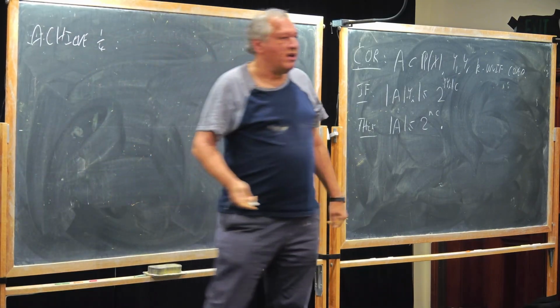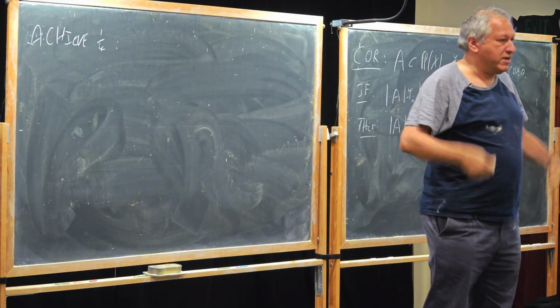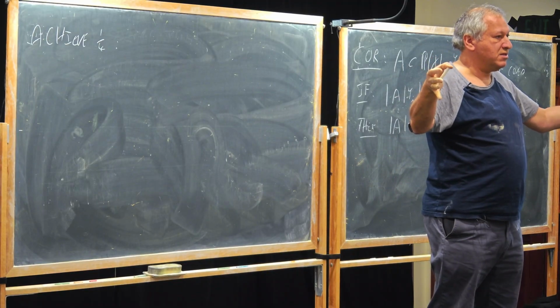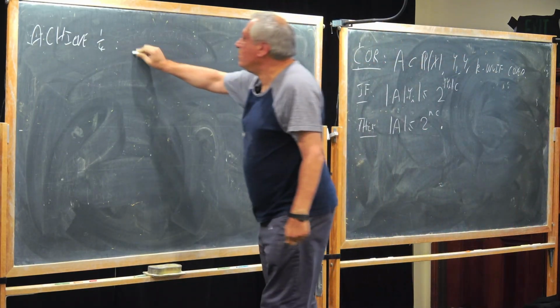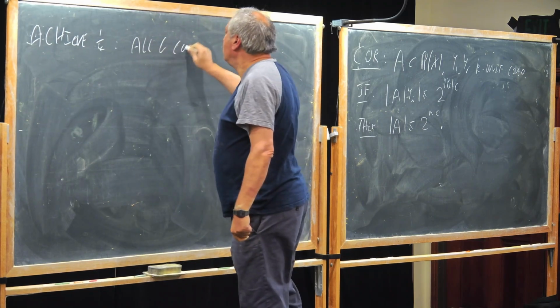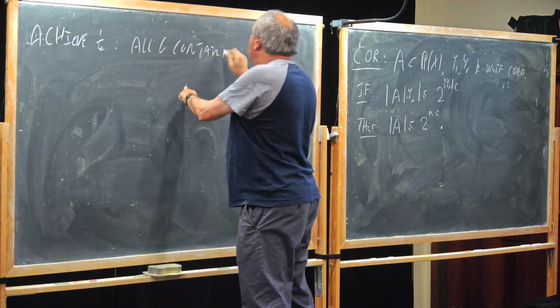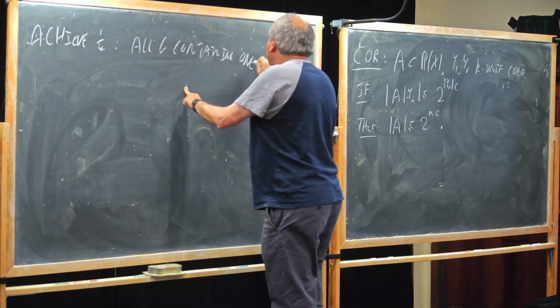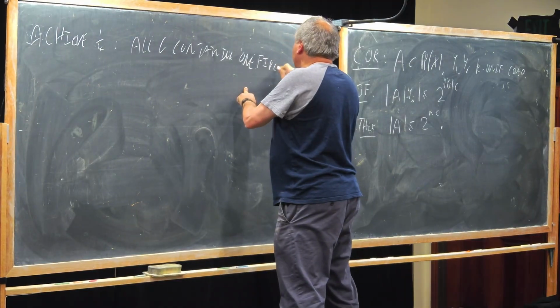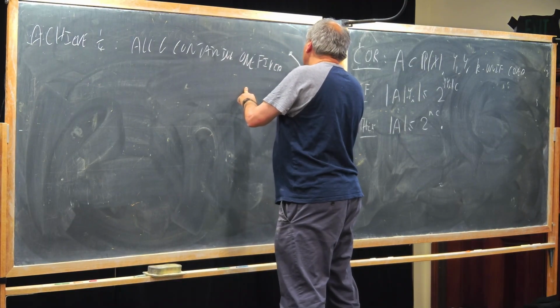by just saying, let me fix a path of length 2, and take all graphs that contain it. Does that make sense? So just take all G containing one fixed one of these things.